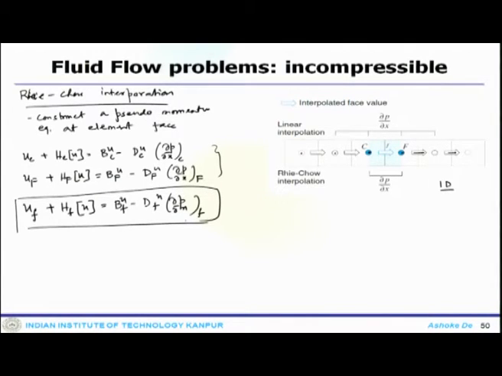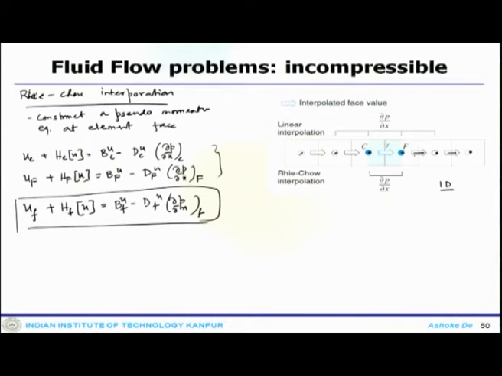The coefficients of this equation cannot be computed directly because it is a collocated arrangement and all the values are stored at the cell center. Since they are stored at the cell center, you cannot do this. So, they are approximated by some interpolation from the coefficients of the neighboring nodes.